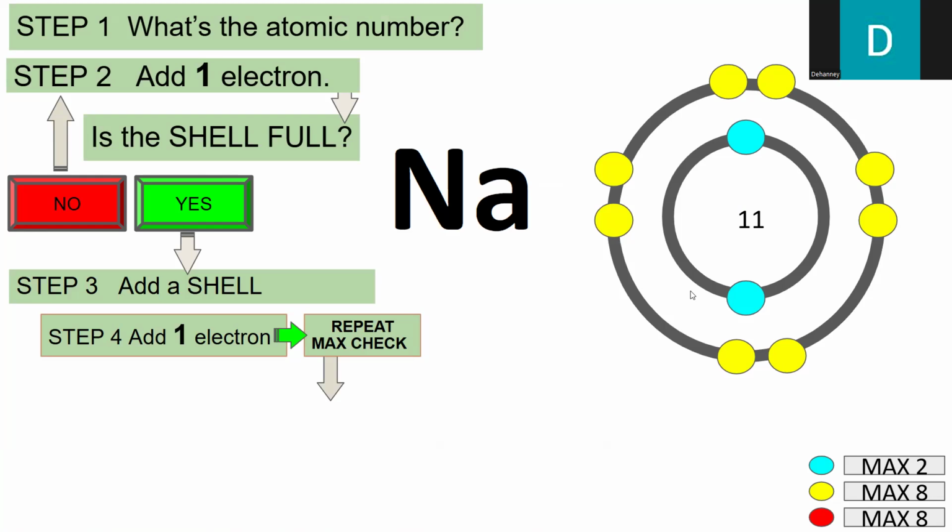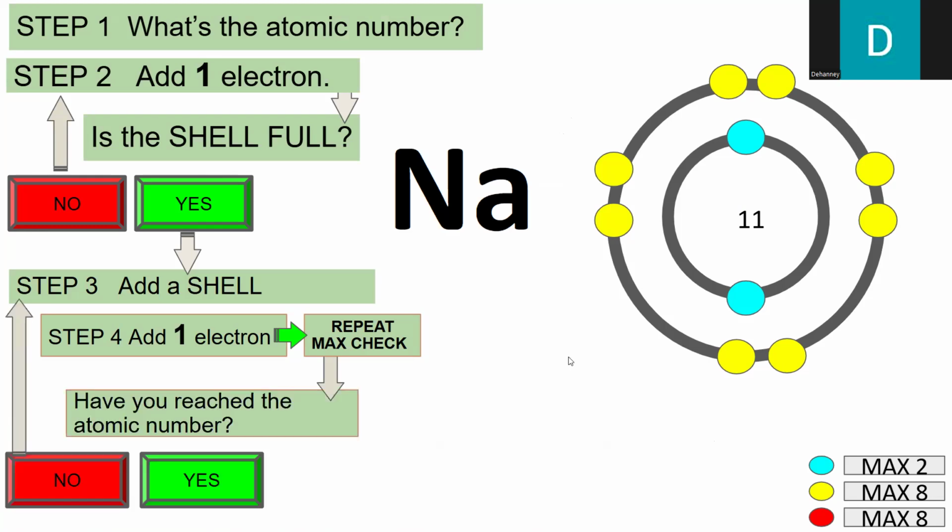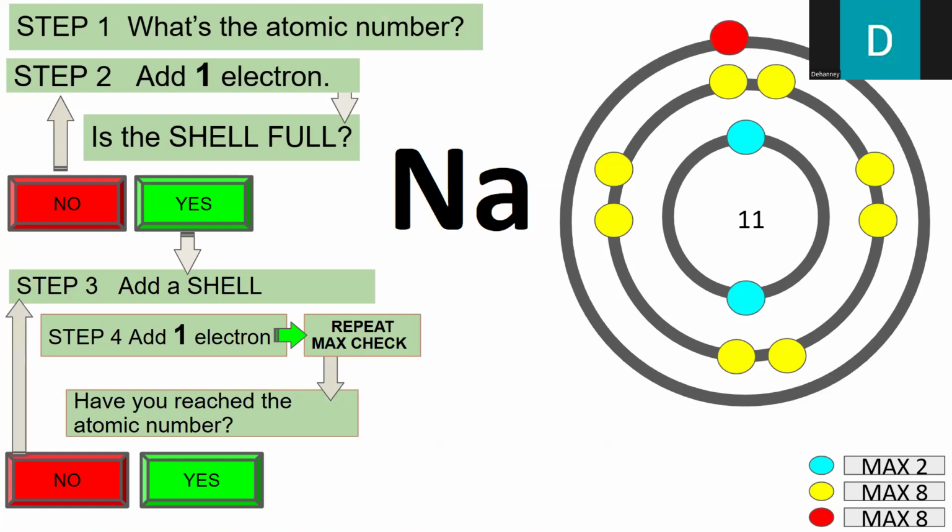Have we reached the atomic number? No, we have 10 and the atomic number is 11. So we need to add 1 more shell. So careful down here, the maximum for those yellow electrons, that's it, right? And so we add another shell and we add another electron.